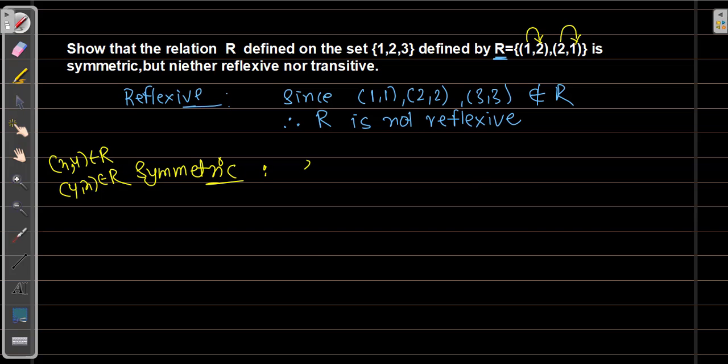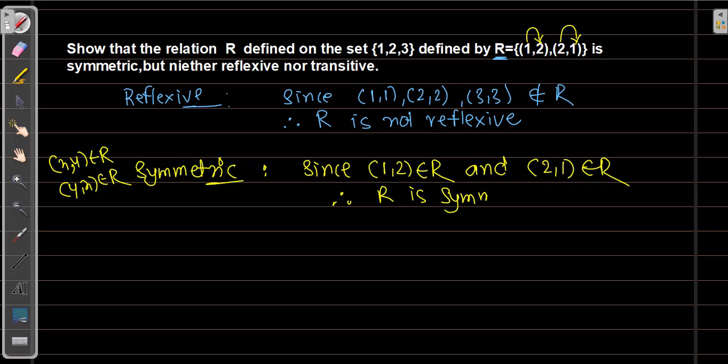And how will you write this? Since the ordered pair (1, 2) belongs to R, and the ordered pair (2, 1) also belongs to R, therefore the relation is symmetric.